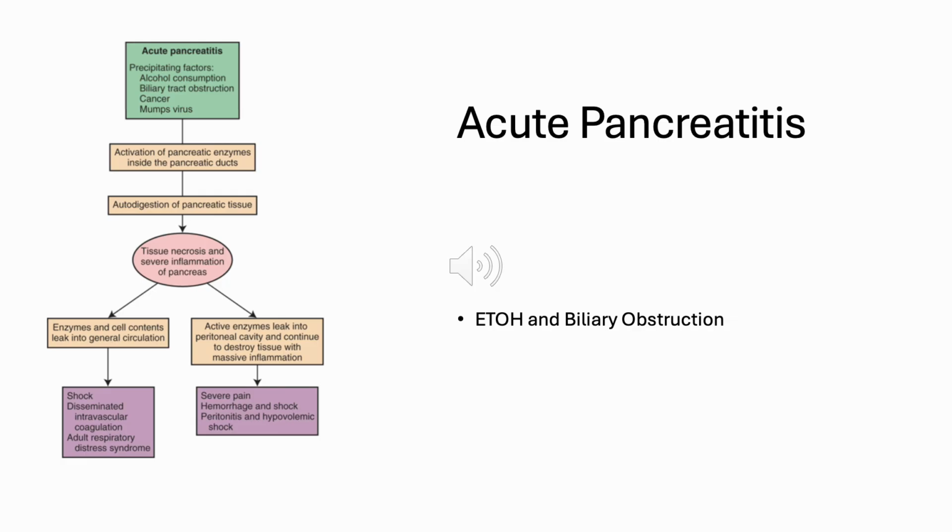Locally, it causes severe pain, and they can have hemorrhage in the area, and peritonitis can occur. So remember that board-like abdomen, high WBC, and guarding abdomen, and hypovolemic shock may also occur.